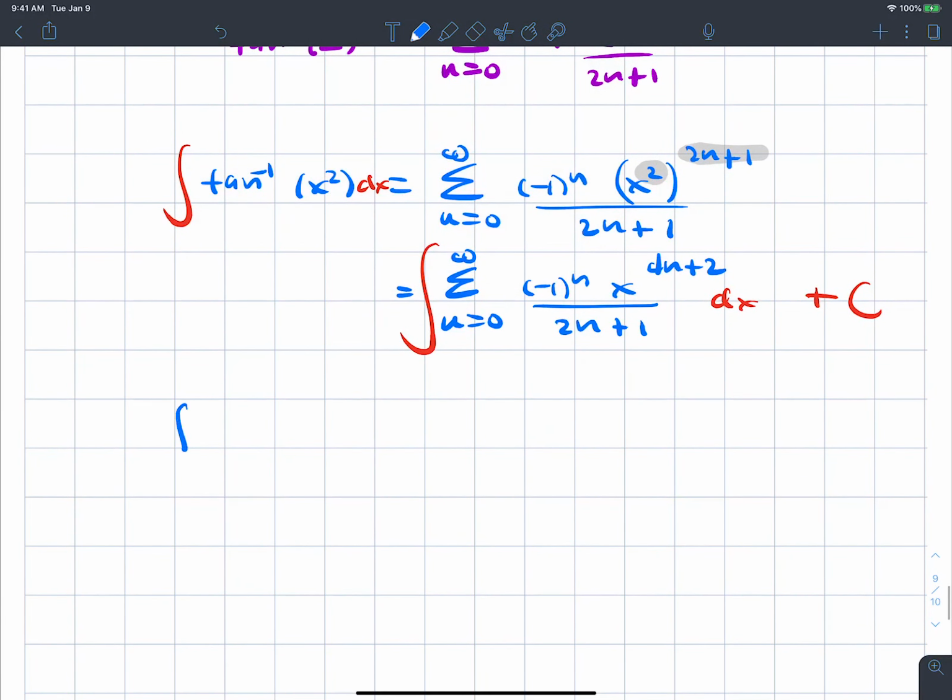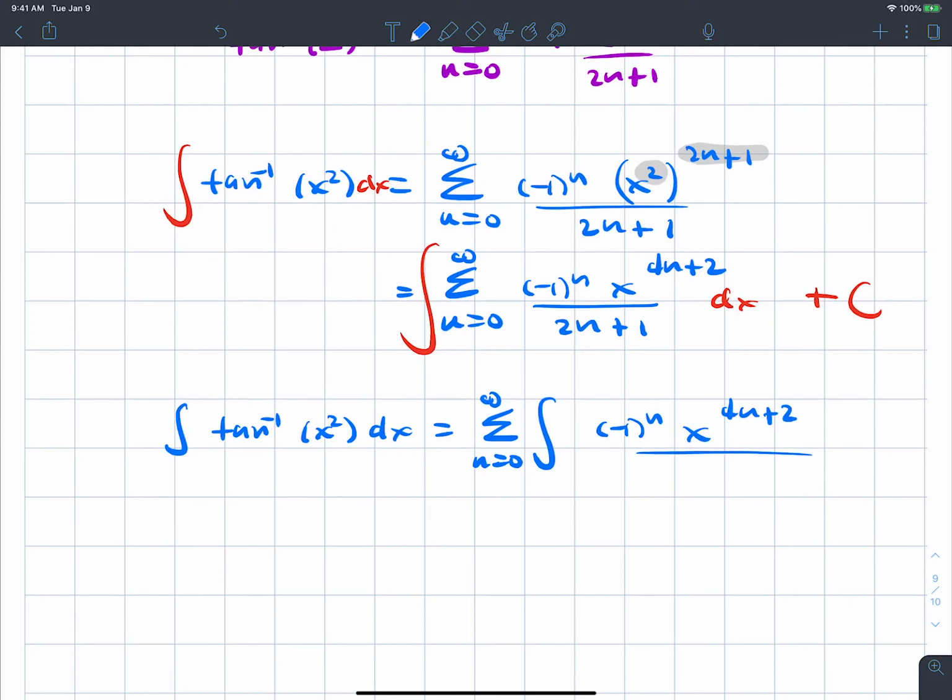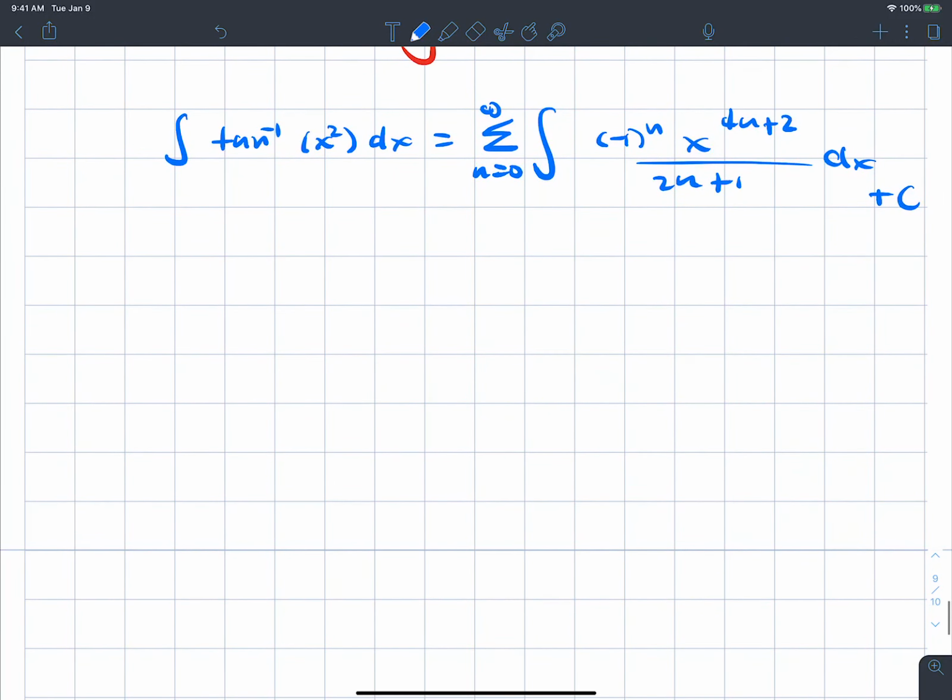So on the left side, we integrate inverse tangent x squared dx. The integral of a sum is sum of integrals. So sum integral of -1 to the n x to the 4n plus 2 over 2n plus 1 dx plus the constant. Now, properties of integration again. I'm going to pull out constants here. So I get -1 to the n over 2n plus 1, integrate x to the 4n plus 2 dx.